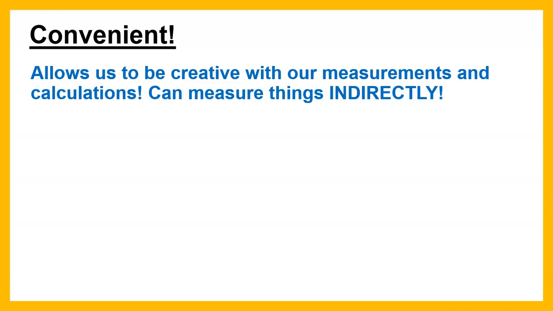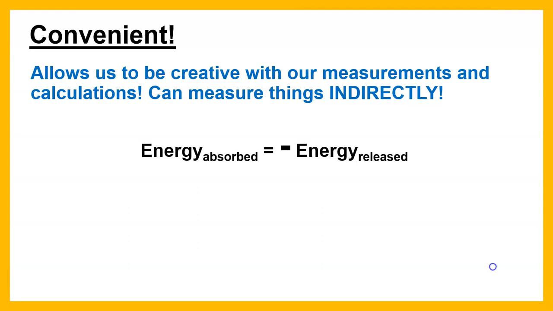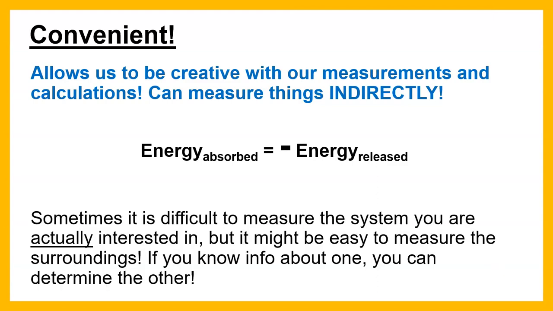You can put your thermometer in a cup of water. That's easy. So you can measure the water instead of the metal block. And you can exploit the fact that the energy absorbed by the water was equal to the amount of energy that was released by the metal block. So this concept of manipulating the first law of thermodynamics is really important.